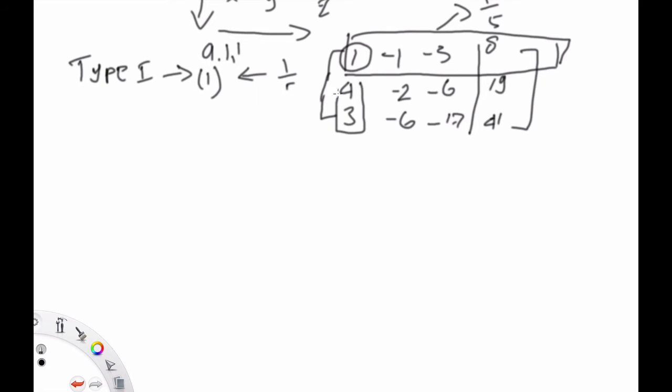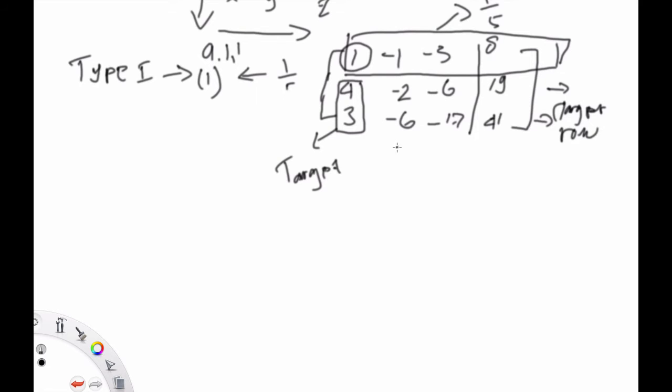These entries that are changed to 0 are called targets, and their rows are called target rows. So the second row and the third row are target rows, and we have to change them into 0.